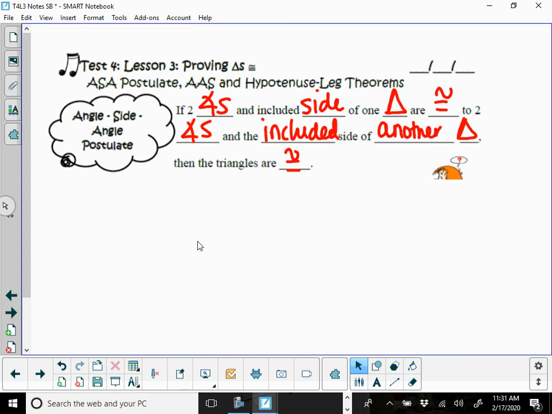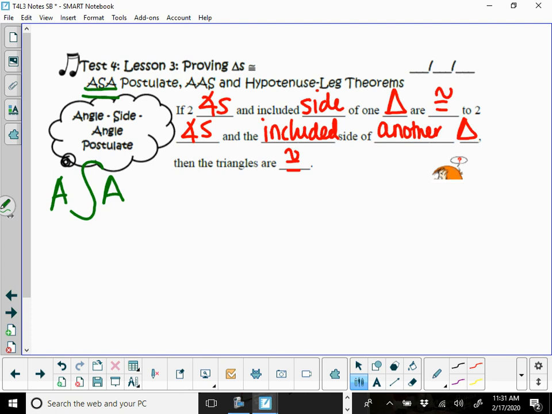All right, now I want you to pay attention here that the key word is included side, okay? Notice we have 2 angles, so we're dealing with angle, side, angle here. So angle, the side is in the middle, and then the other angle.